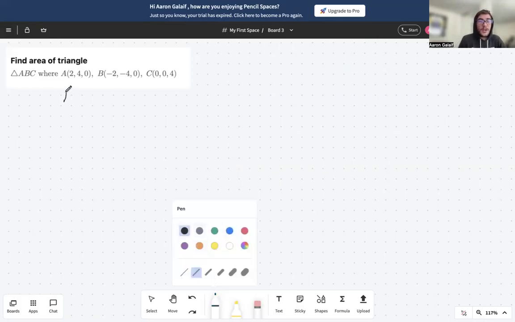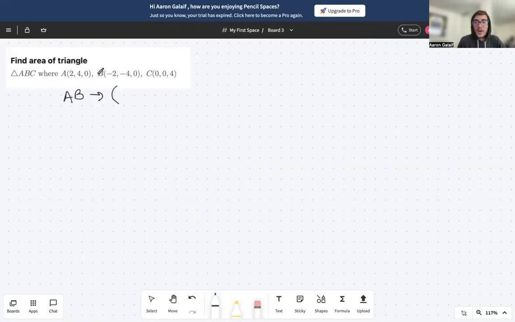So first, what we need to find is vector AB. In order to do that, all we need to do is take the points that correspond to one another. This is going to be x1, this is going to be x2, this is y1, y2, z1, z2. Beautiful.